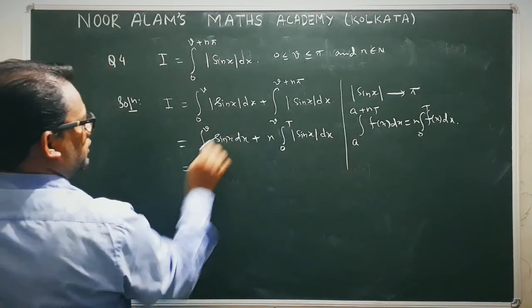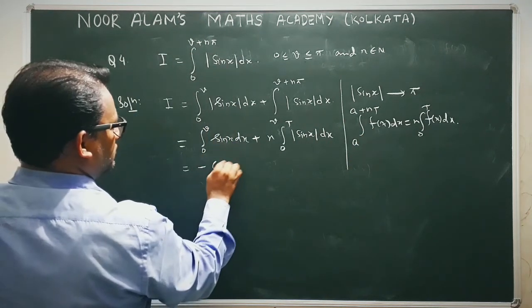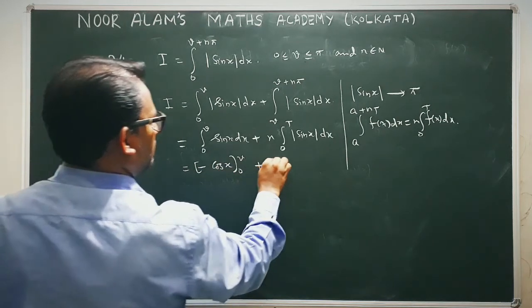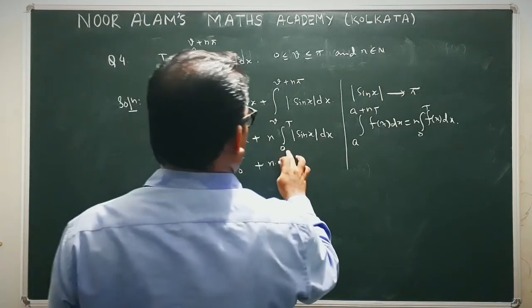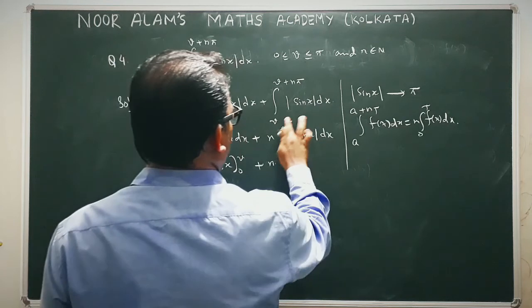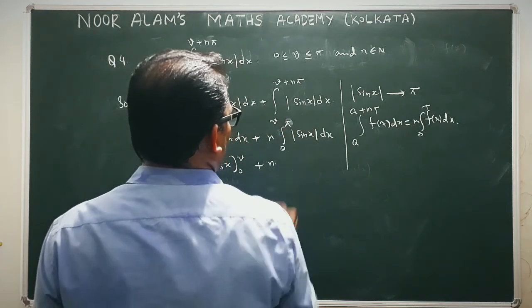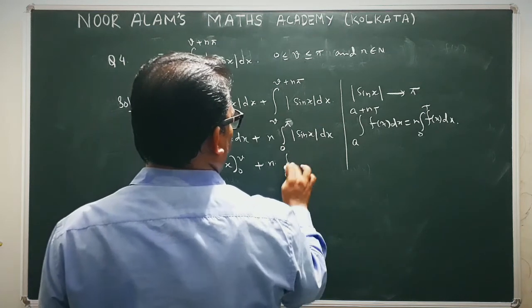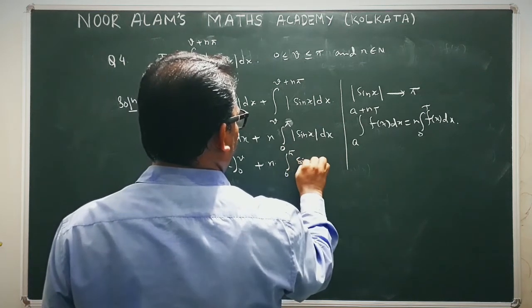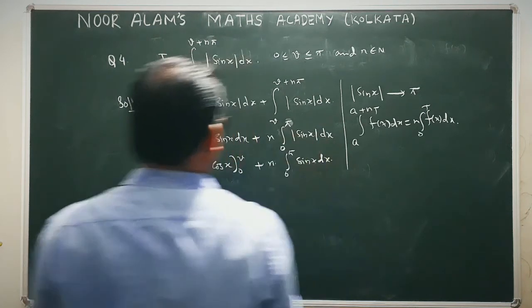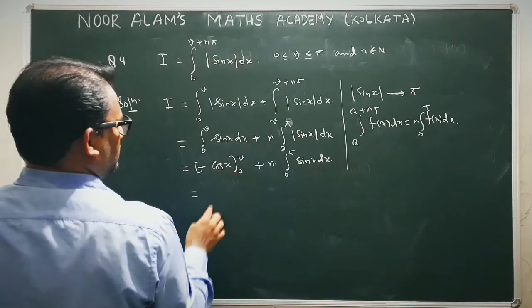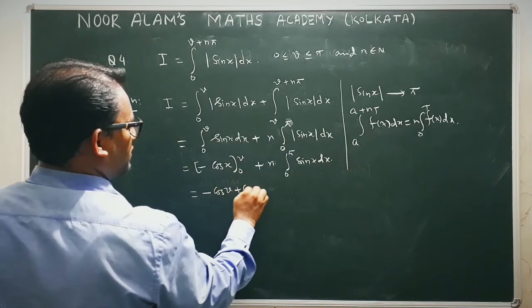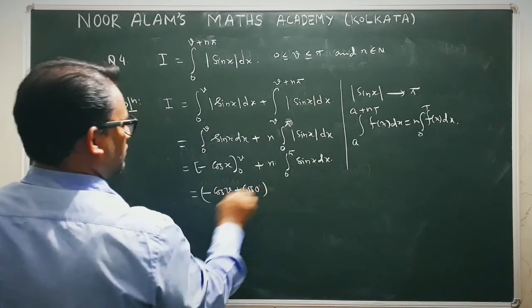The integration of sin x is minus cos x, with limits 0 to v. In 0 to pi, sin is positive, so you can write sin x dx. Now when you put x equal to v, you get cos of v, then minus minus plus cos of 0.